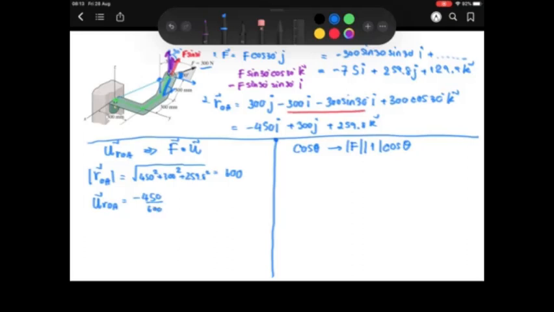And then I will use the vector F dot with this vector U, which I will get minus 75 Fx multiplied with Ux minus 450 over 600, and then plus 259.8 Fy times 300 over 600, and then 129.9 times 295.8 over 600.